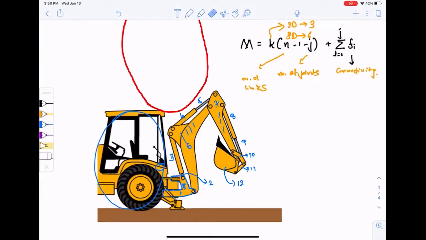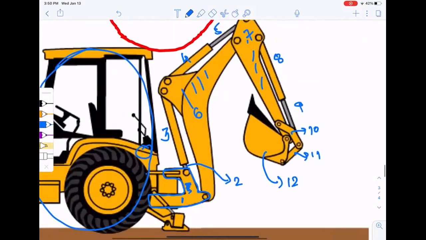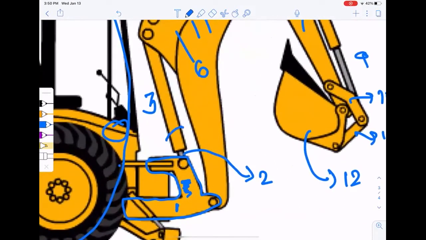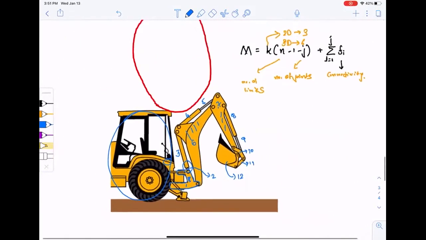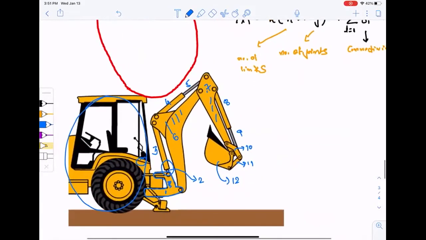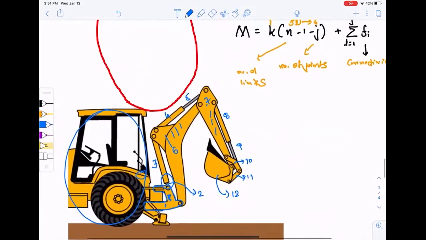You might be confused about why we have two links over here. You can see there is a joint over here that is a prismatic joint. That is basically a hydraulic cylinder, and two of the links are connected with it. Links number 2 and 3 are connected with the hydraulic cylinder. That essentially is a prismatic joint. So let us write down the number of links that we have in here. The value of n is 12.